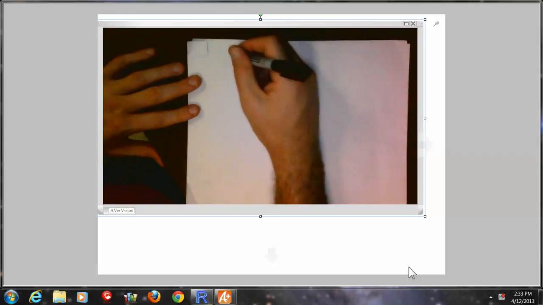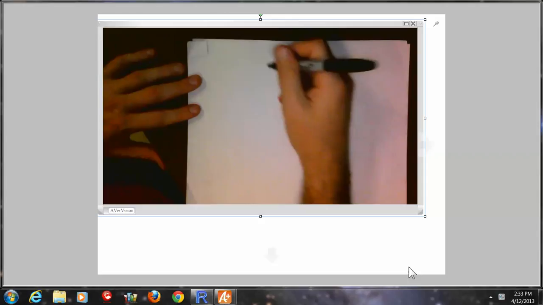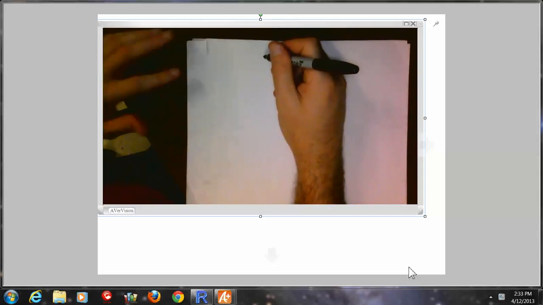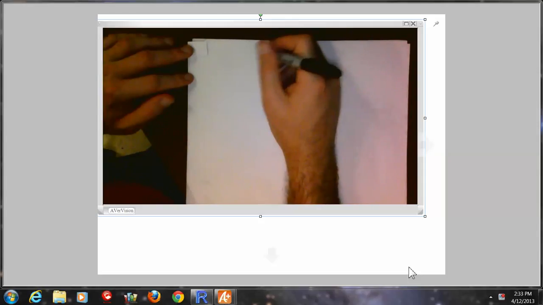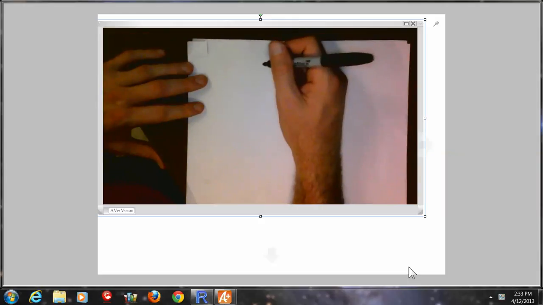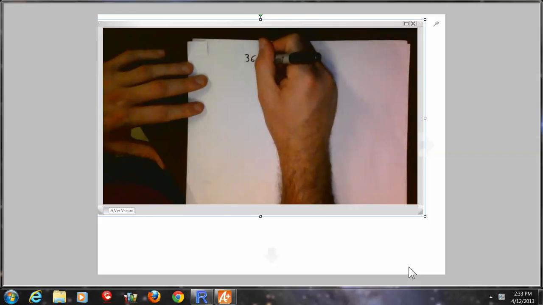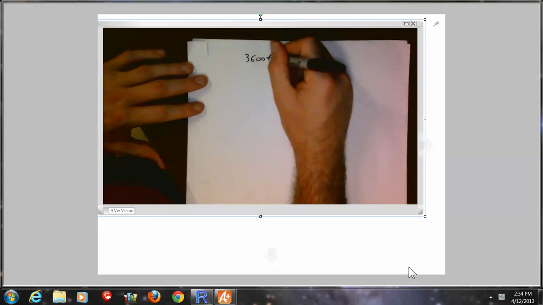Okay, so what we're going to do here is solve a problem. This is in response to question 9. We want to find the maximum area of a fence where the amount of fence we have is 3,600 feet.